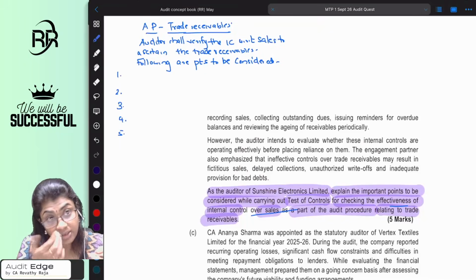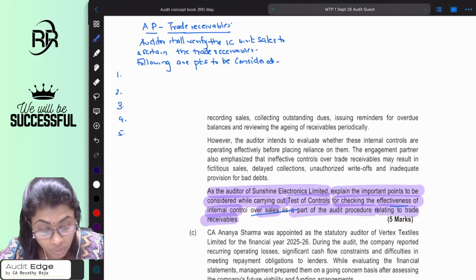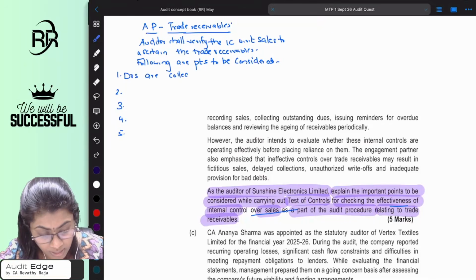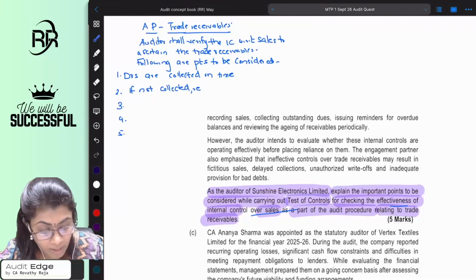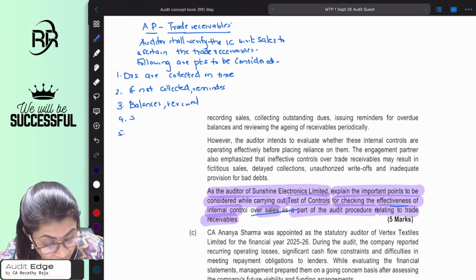Now 1. They asked debtors with respect to sales. So debtors are collected on time. If not collected, whether proper reminders have been sent, then debtors balances have been reviewed from time to time. There should be a proper system for follow-up.